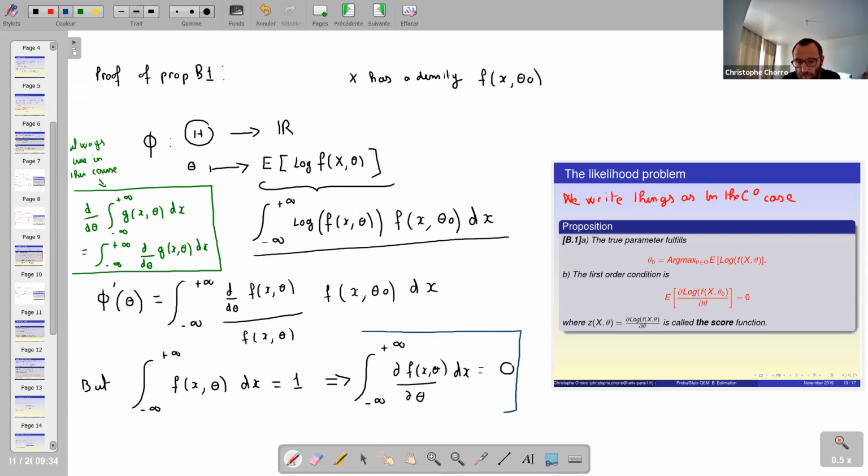If I compute the integral of the derivative with respect to theta of my density functions, I always obtain 0.